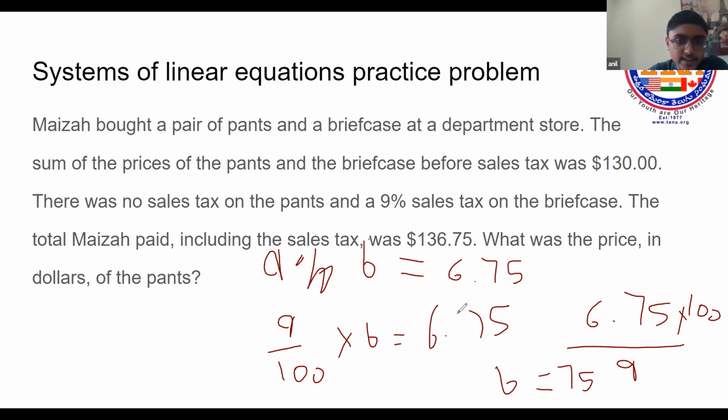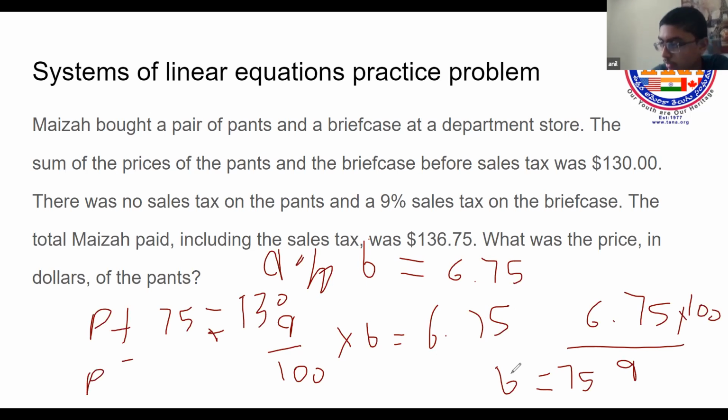Once you isolate the fact that the briefcase is $75, you just plug it in. So our original equation was P plus B, which is 75, equals 130. And from that, you can get the fact that P equals 55. That is it for this question. I'll move on to the next one.